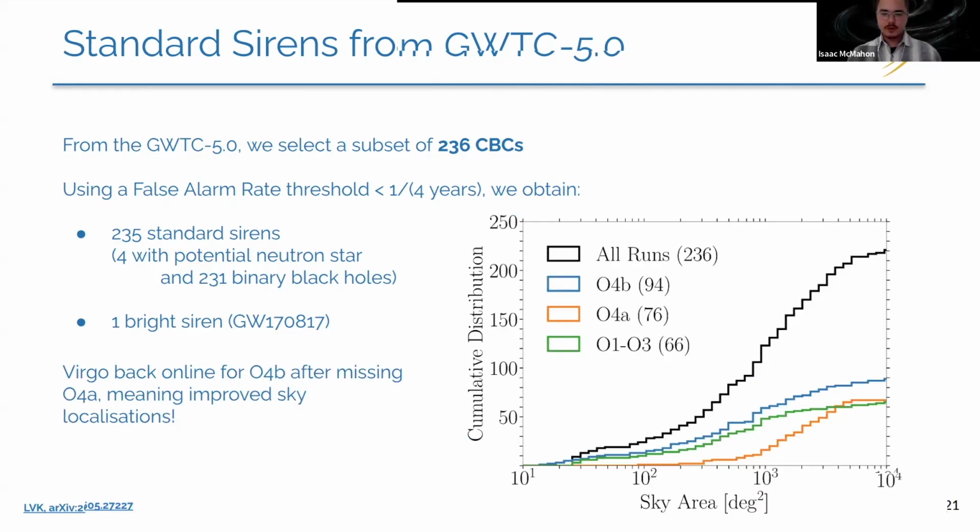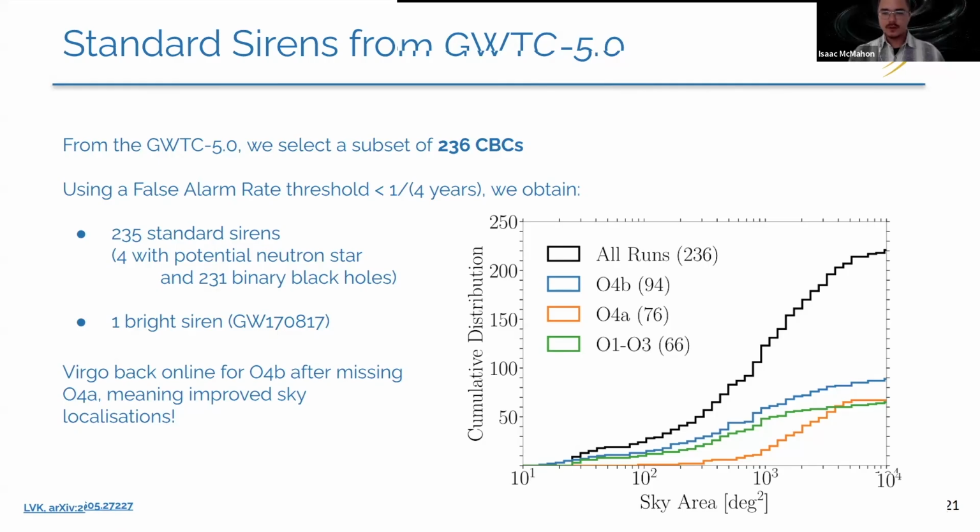Here is a cumulative plot that shows the localization area of all the events in different observing runs. As I was saying earlier, the events in O4b are better localized than previously. This is because the Virgo detector was back online in O4b after missing O4a. And the addition of the third detector means that our sky localizations for all of our events were much better than they were in O4a.